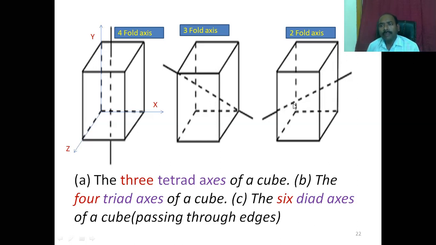For a cube, 12 edges exist. Therefore, 12 by 2 gives us 6. So for a cube, there exist 6 diad axes.